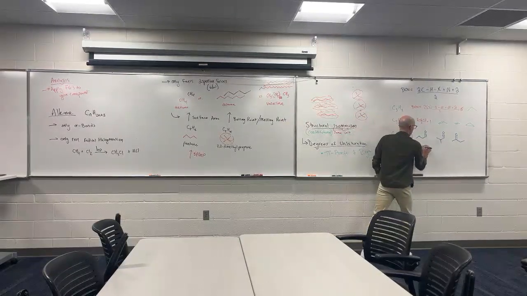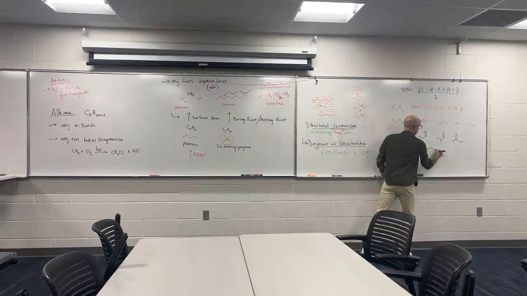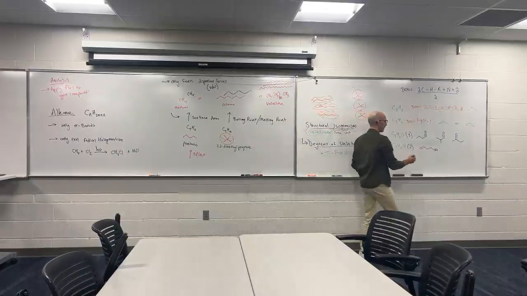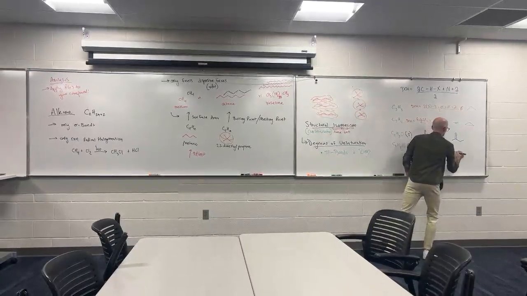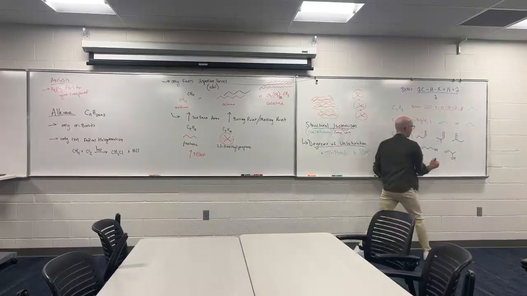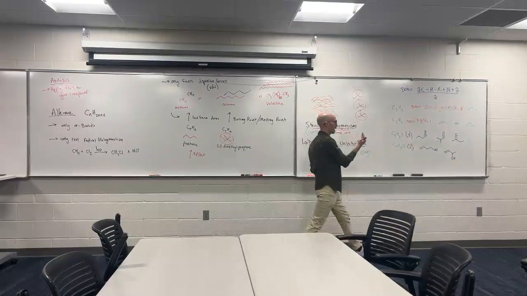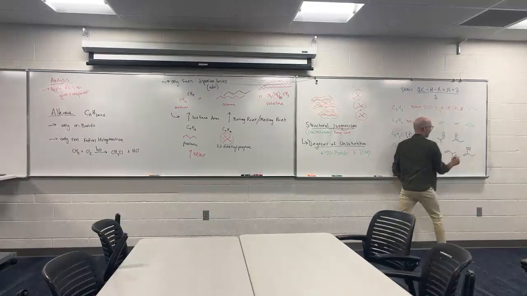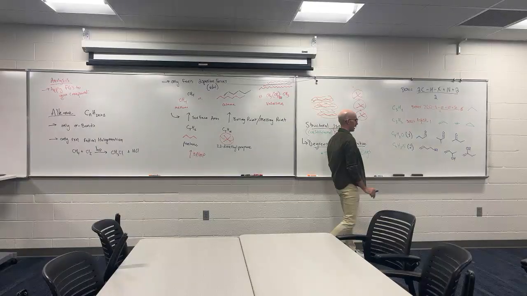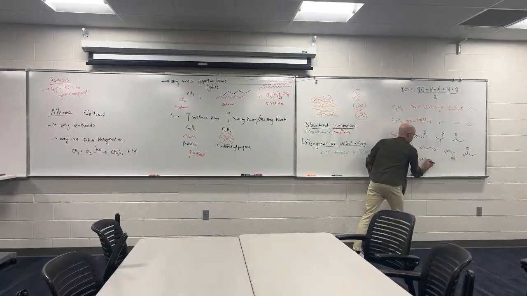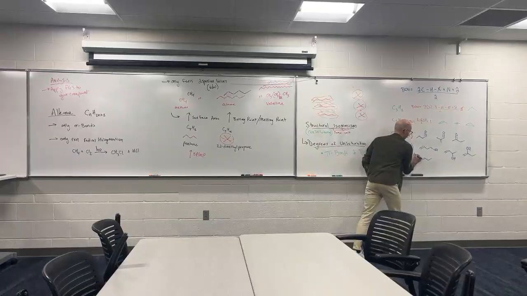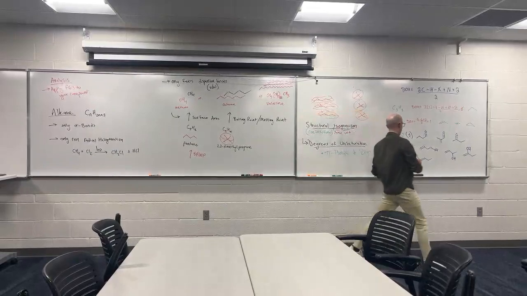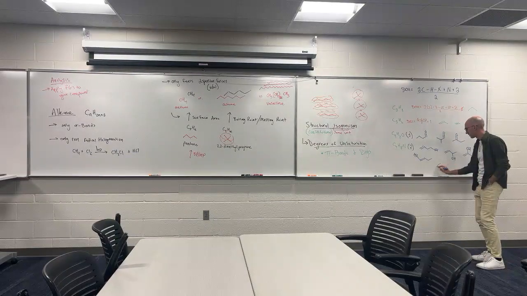But I could also have a double bond between 2 of my carbons with an alcohol on the far right side. I could have a double bond between 2 of my carbons with the alcohol 1 carbon in. I could have a double bond between 2 of my carbons with the alcohol here. Okay, almost done with this placement.